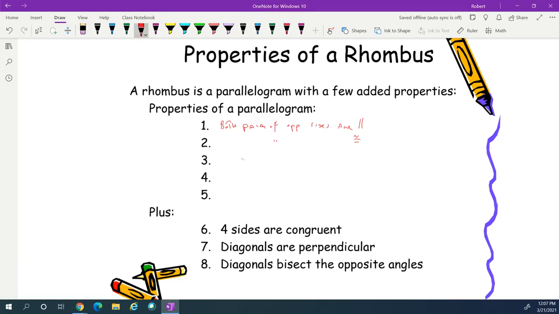We also have both pairs of opposite angles are congruent. Consecutive interior angles are supplementary. And the diagonals bisect each other.